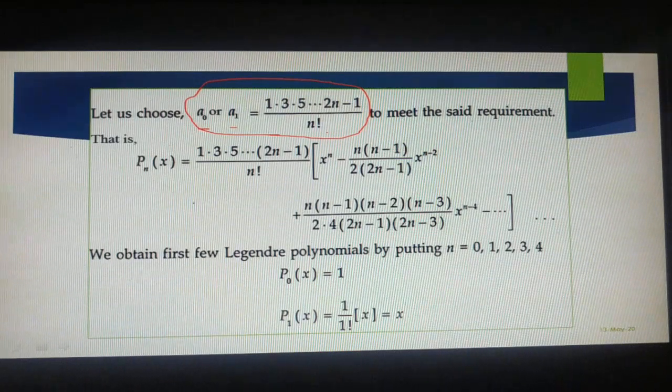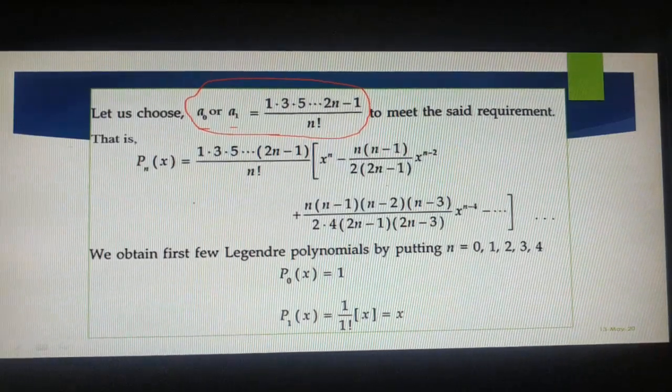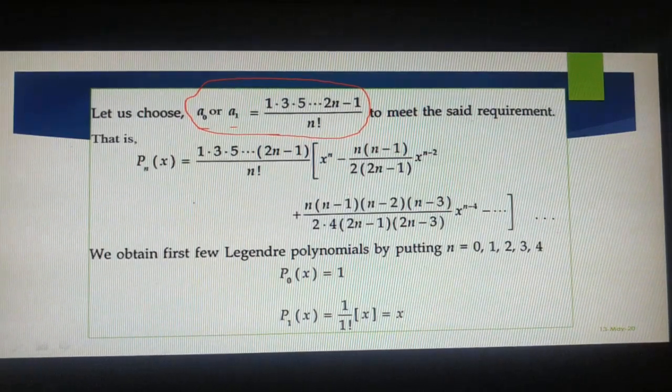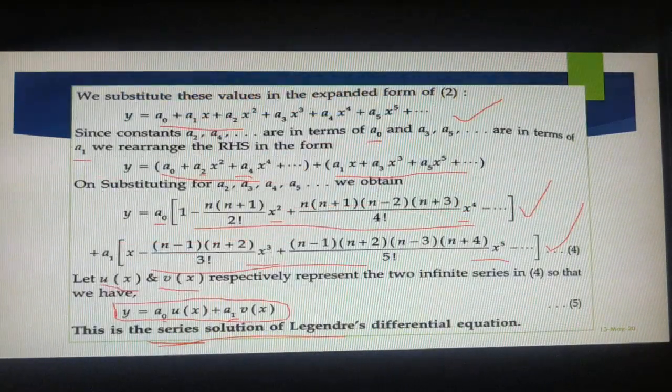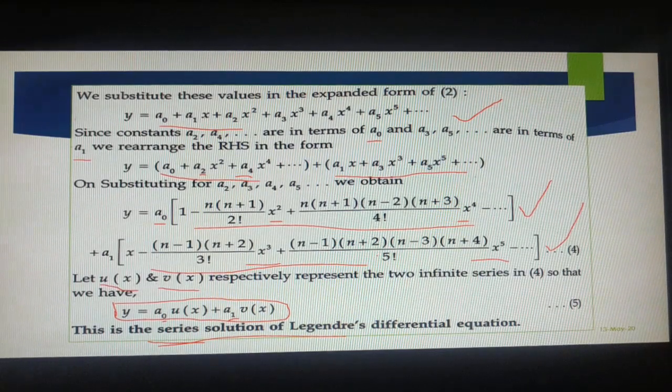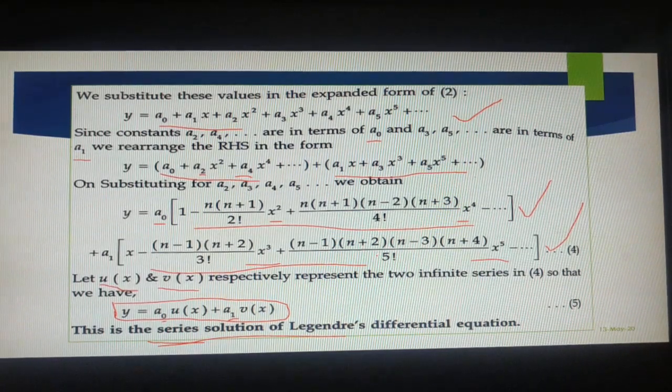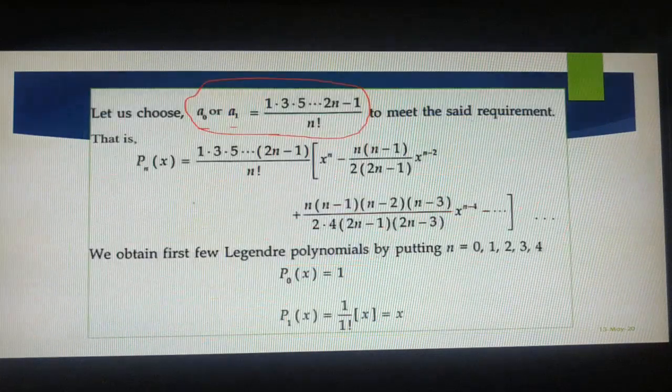The problem with the representation of Legendre's differential equation is that we can represent the combination of series as series solutions, and if n is a positive integer, we can consider these as Legendre's polynomials very quickly. That is one reason. So let's understand first.